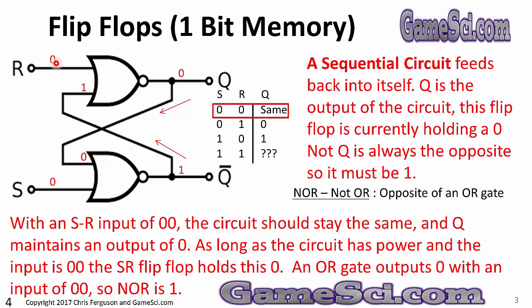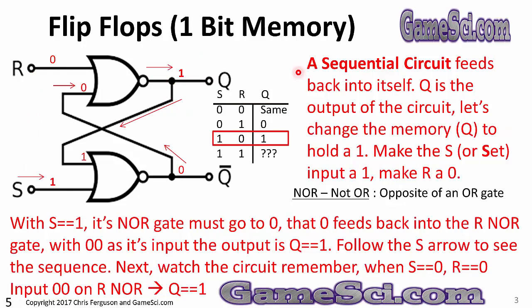With a 0 on this input and a 0 on this input, two zeros into a NOR gate would output a 1 on not Q. Follow the arrow and that 1 would feed into this OR gate. A 1 on this OR gate would mean the OR is a 1, but the NOR would be a 0. With a 0 being stored in this flip-flop and a 0, 0 on the input, it will maintain this value of 0 as its memory.